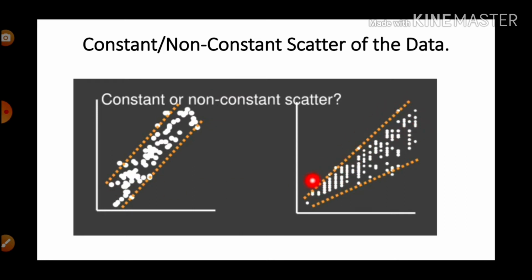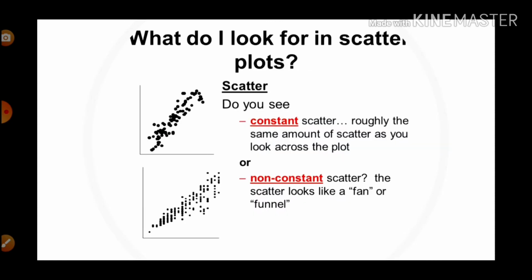It has a lot of variation as x increases, so this is called non-constant. Okay, so there's a term, constant scatter: roughly the same amount of scatter as you look across a plot, whereas non-constant scatter looks like a fan or funnel, with more variation on either end.